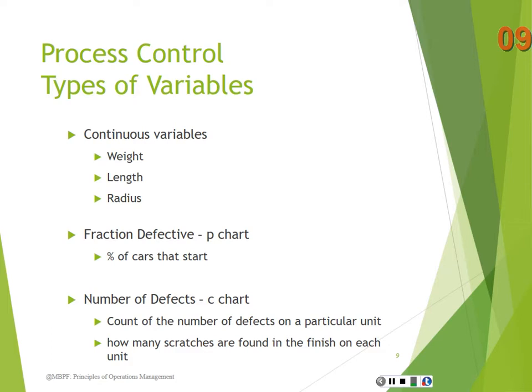And then on another example, maybe you're looking at something and you're counting how many defects there are, like on a piece of glass. So I'm going to look and I'm going to count how many scratches there are on that piece of glass, right? And so that's a C chart. So now I'm going to count how many issues I've got on an individual unit, okay?